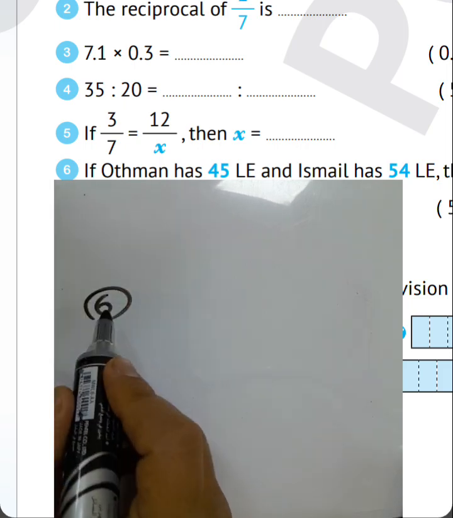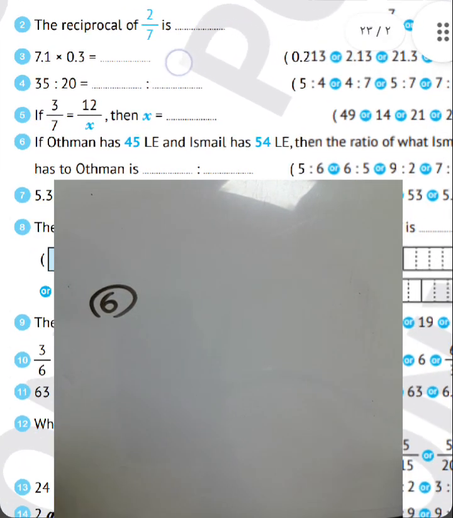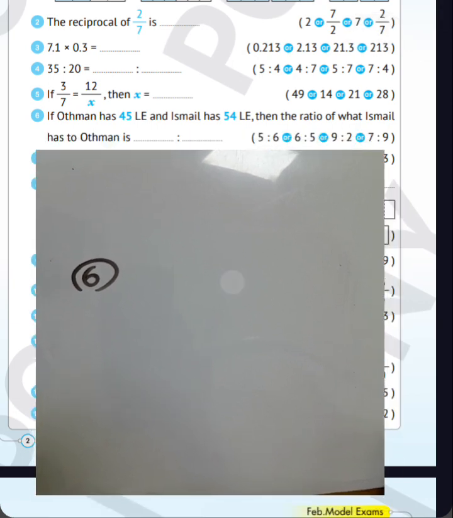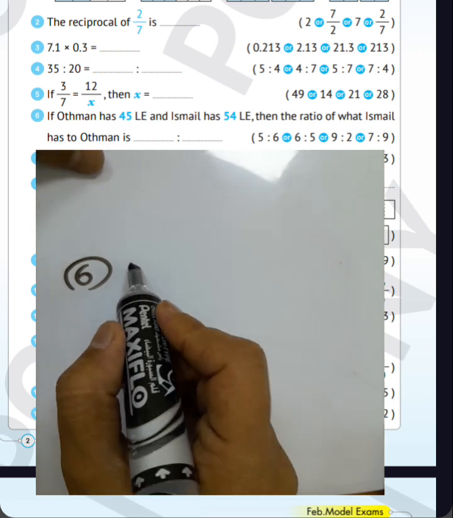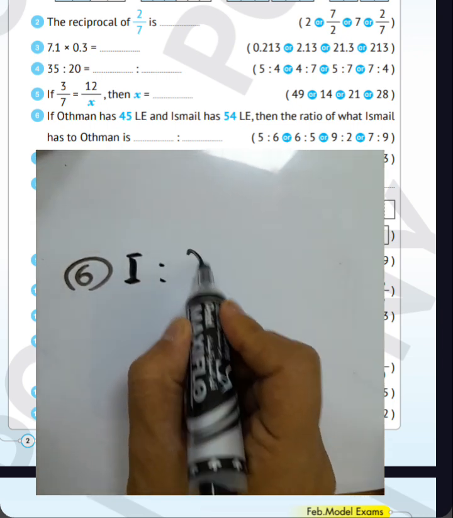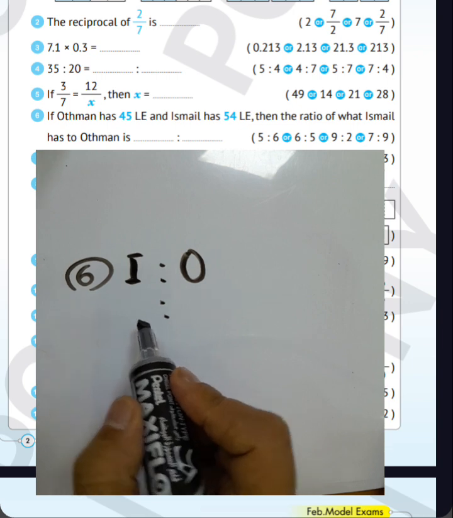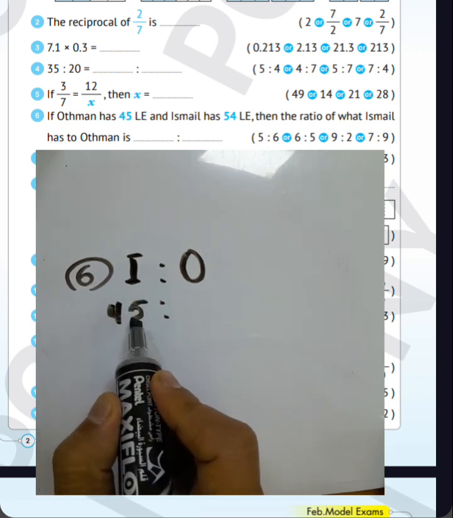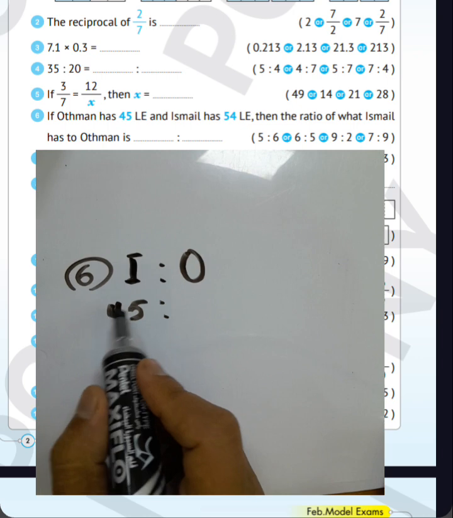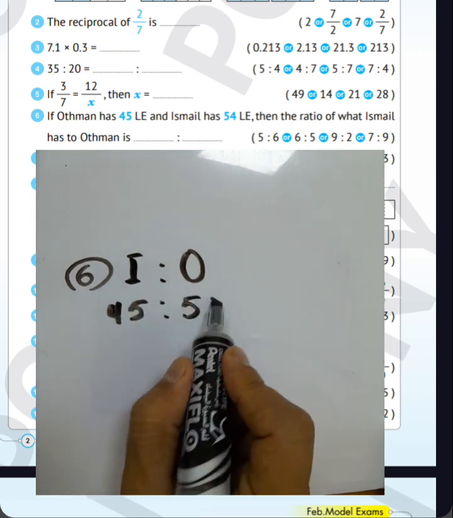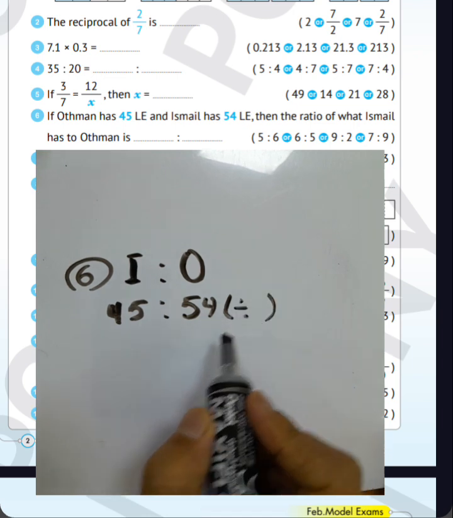Question number 6. If Uthman has 54 Egyptian pounds and Ismail has 45 Egyptian pounds, find the ratio between Ismail to Uthman. Ismail has 45 Egyptian pounds and Uthman has 54. We can simplify them by dividing by what?